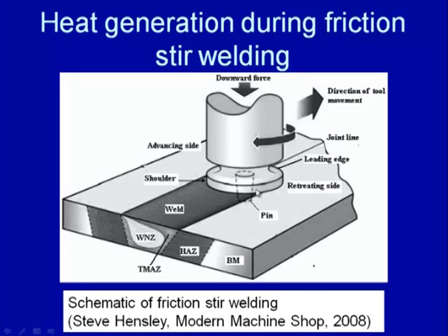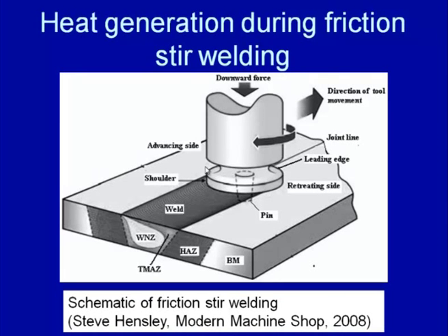So, this relative motion between the tool and the workpiece develops the frictional heat, and due to this heat, material is softened and it is deformed. Because of this deformation also heat is generated. So, the combination of the frictional heat and the deformation heat softens the material, and by the extrusion and the forging action, the material is transported from one zone to another for developing the metallic weld joint.